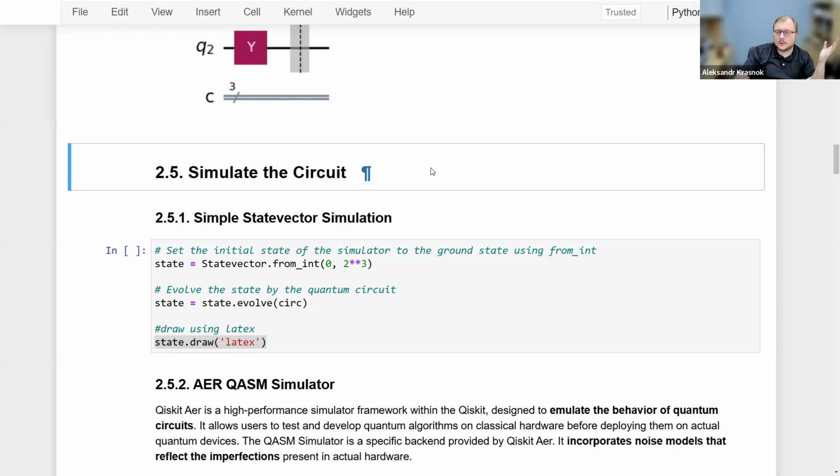Say for useful quantum computations today, we would need quantum computers with 1,000,000 qubits. But so far, the state of the art is maybe 1,000 qubits.